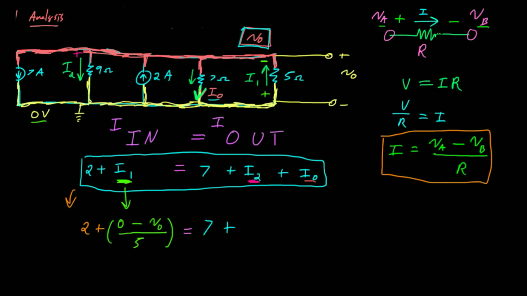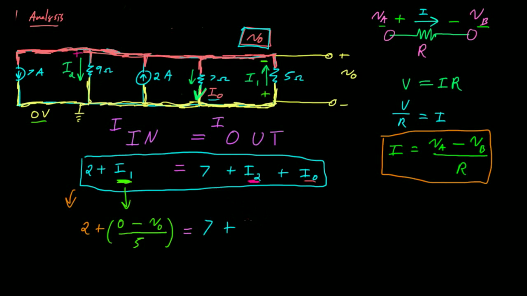So going back to our abstract general resistor, the current has to flow from the higher voltage, the high side, to the lower voltage. So the higher side of this current I2 is going to be V0, right? Because everywhere on this node, the voltage is V0.